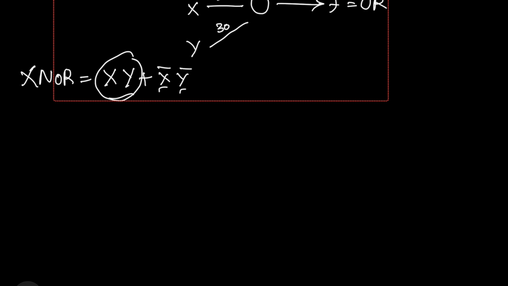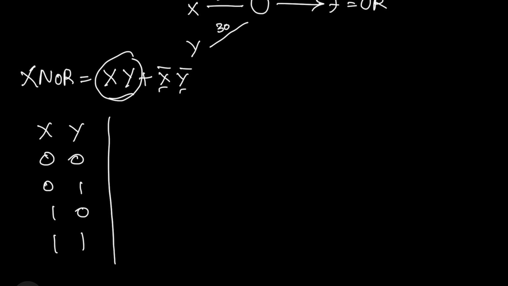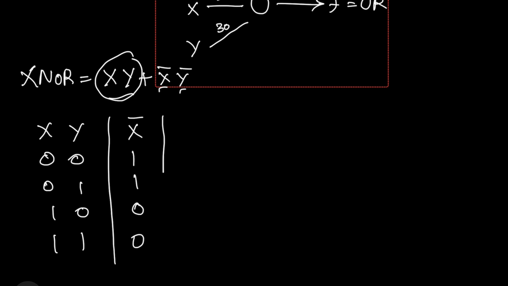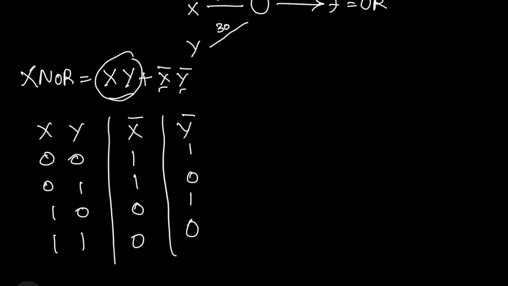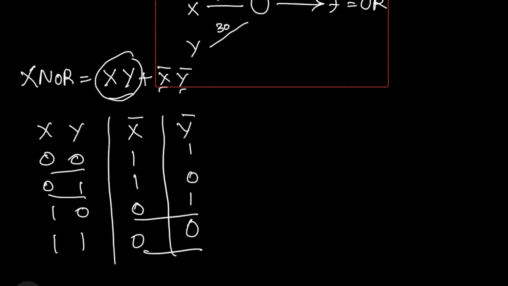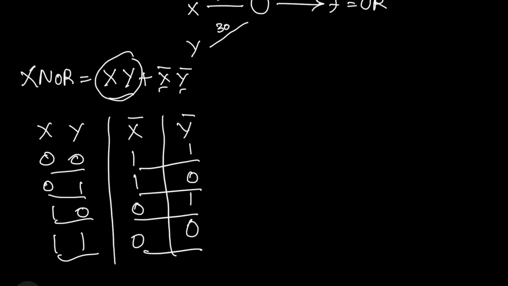Because if you see, xy is 0 0, 0 1, 1 0, 1 1, right? Then x complement would be 1 1 0 0, y complement would be 1 0 1 0, and this is exactly the same. So the same weights would also work for this network.